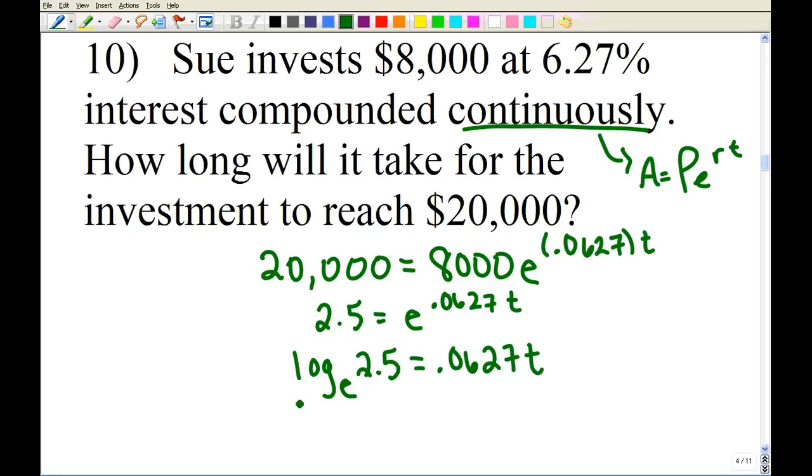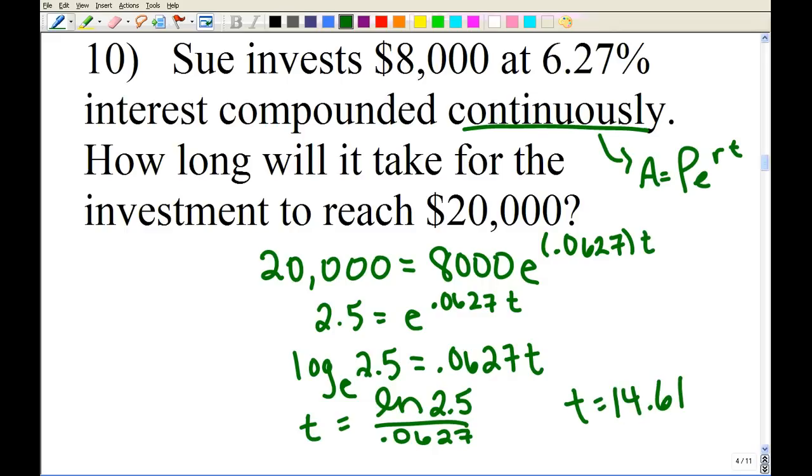And then to get t by itself, we will divide both sides by the 0.0627. So I'll get t equals, log base e is just ln, so let's shorten that a little bit. So ln of 2.5, and we're dividing that by 0.0627. This is where we will type it into the calculator. And when we do, we will get that t equals 14.61 years.